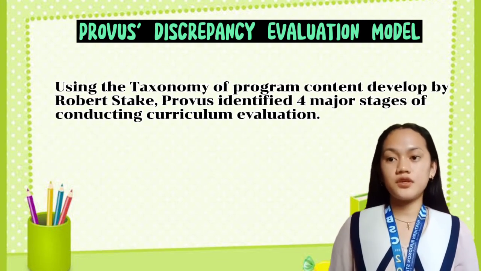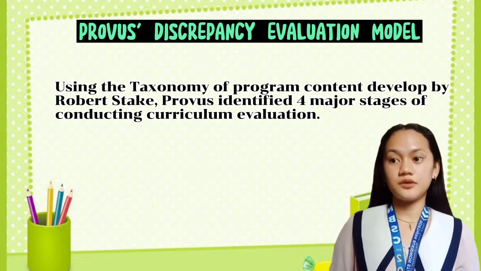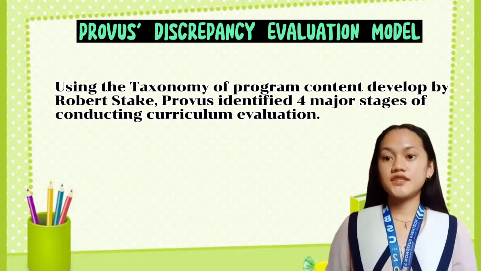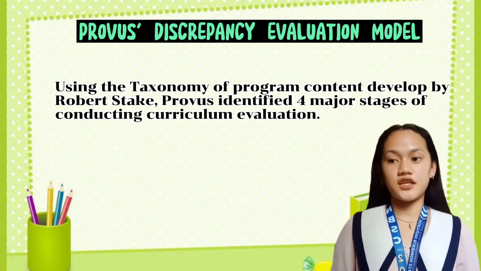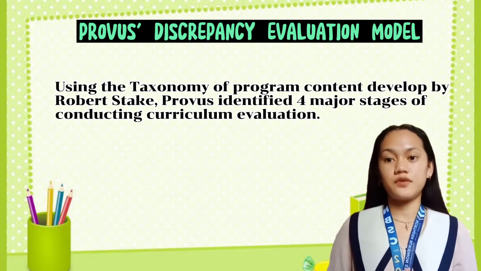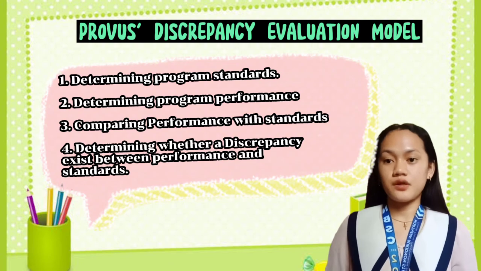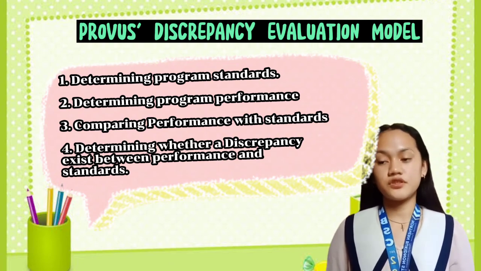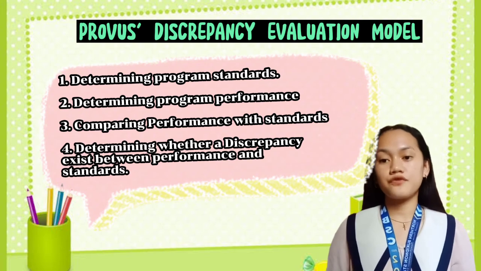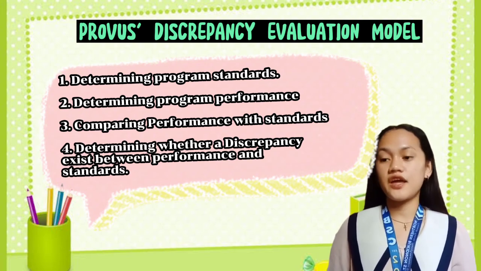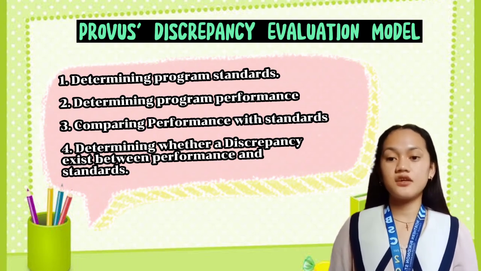Using the taxonomy of program content developed by Robert Stake, Provus identified four major stages of conducting curriculum evaluation. First, determining program standards. Second, determining program performance. Third, comparing performance with standards. And fourth, determining whether a discrepancy exists between performance and standards.